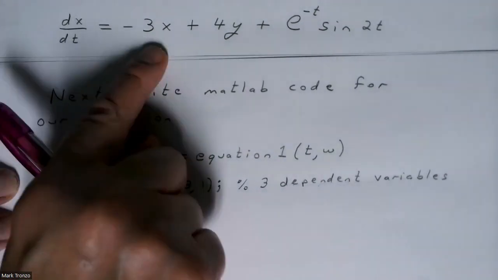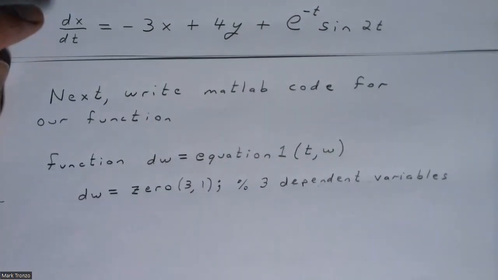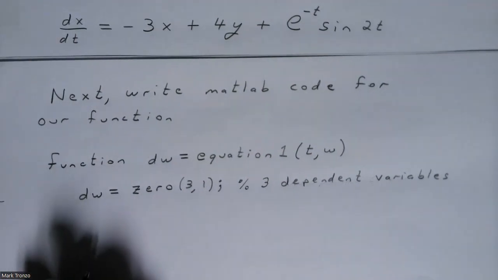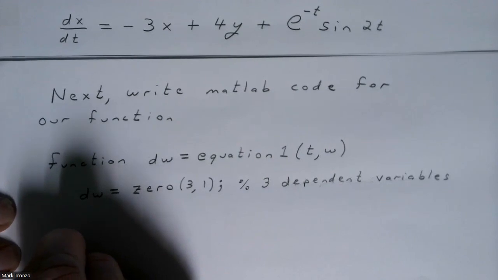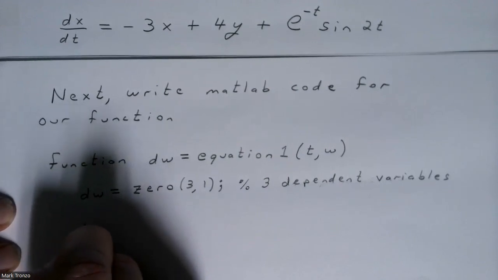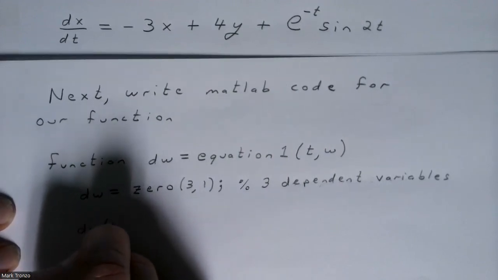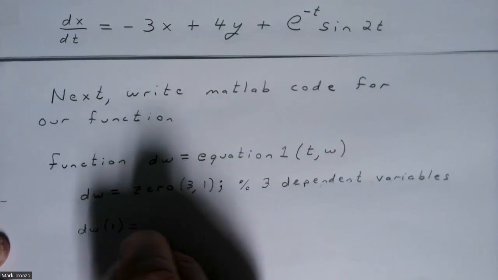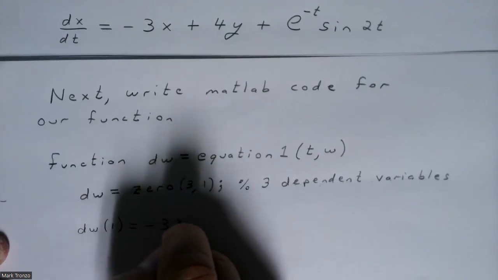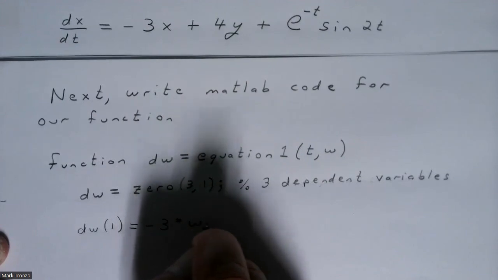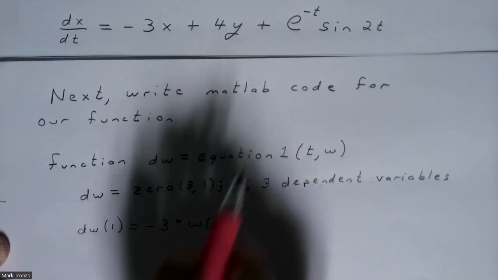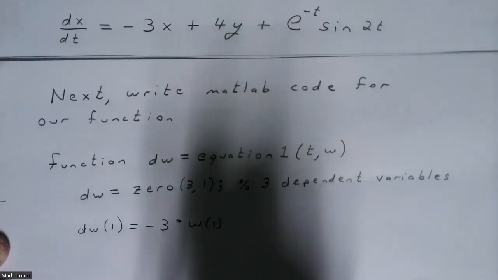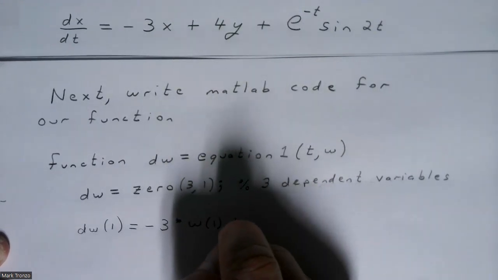So it's going to be dx dt, but remember x is going to be w1, so dx dt will be dw1, like this for this. Then over here, remember x was w1, so it's going to be minus 3 times w1. And then plus 4 times y, remember y is w2.